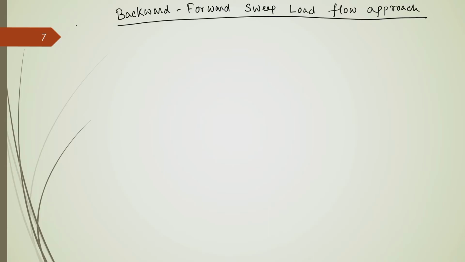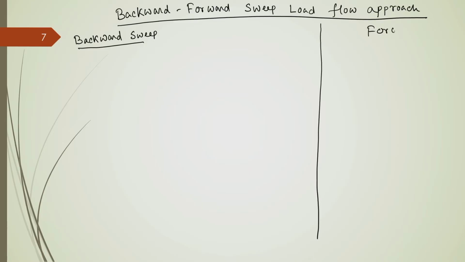In the backward forward sweep load flow approach, we have two major steps. One is called backward sweep, another is forward sweep. These are sequential steps, and we need to first perform the backward sweep and then the forward sweep.